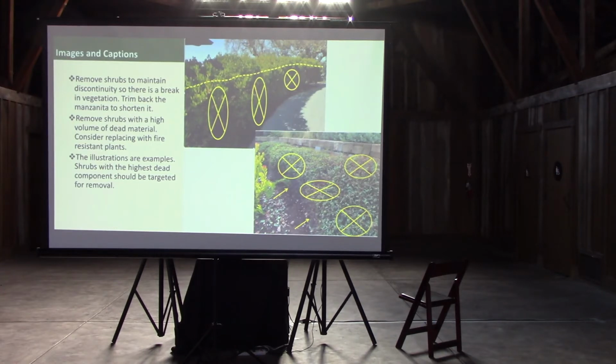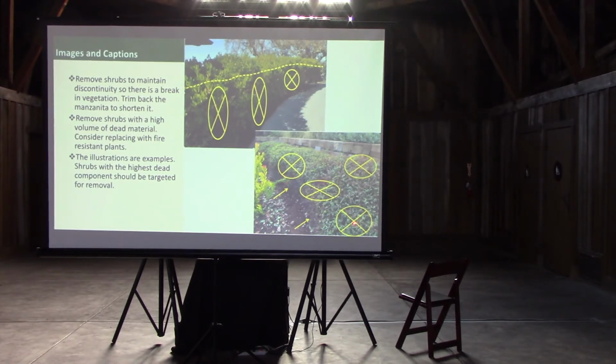So what we have here is a big row of Manzanita right along the driveway. What we want to do is separate that. These yellow circles with an X just represent some kind of separation in these shrubs. We can make 1, 2, 3, 4 bushes out of this, or whatever you as professional landscapers deem appropriate. We want to target the removal of the shrubs with the highest amount of dead.